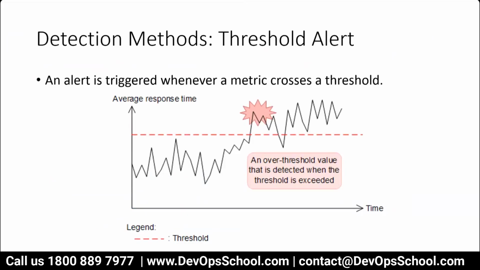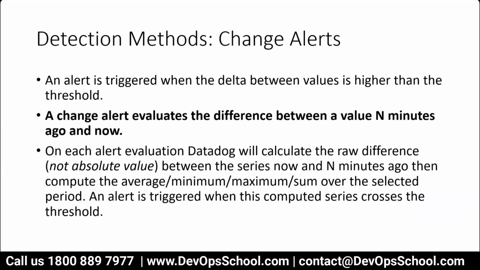You set up a threshold, and if the metric value goes above it, after some time you send an alert. There is also a method based on change. You give two endpoints of data, and it evaluates the difference between the value some minutes ago and now, and if there is a change, it alerts.